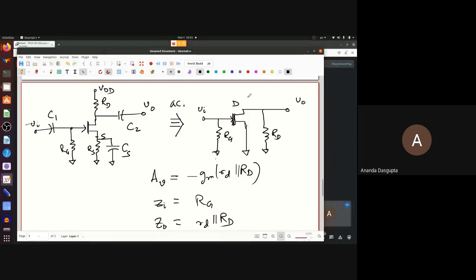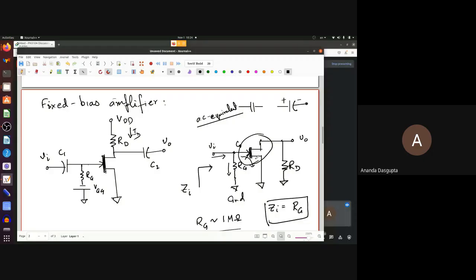But I don't have to do the calculation all over again. I've already done the calculation. The AC equivalent here for the self-bias circuit is exactly identical to the AC equivalent for the fixed bias circuit. The identical circuits give the same results. Is there any confusion about that?